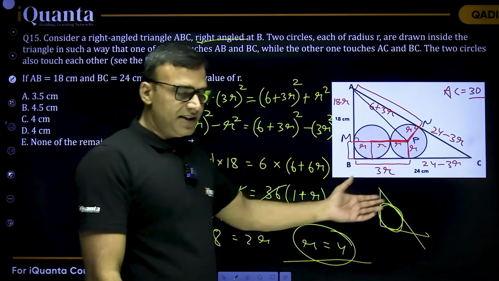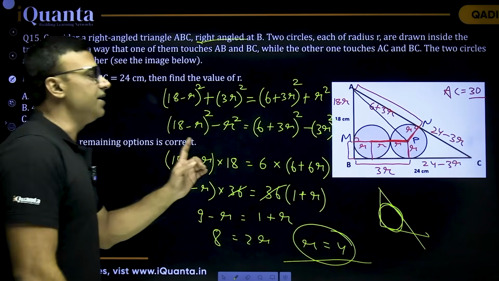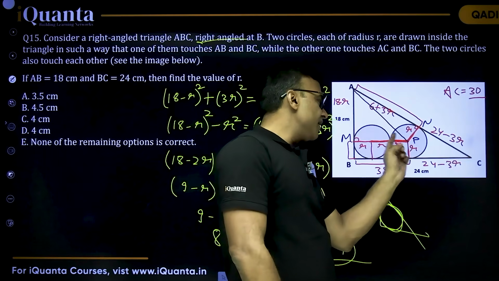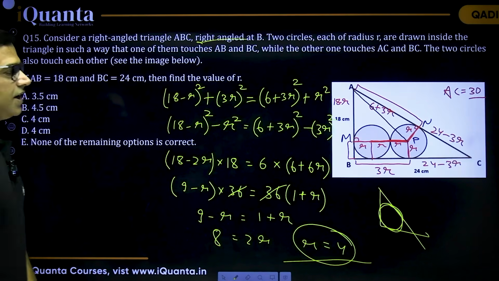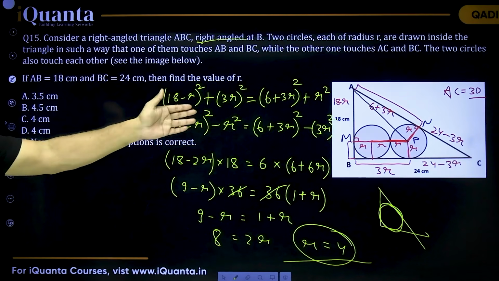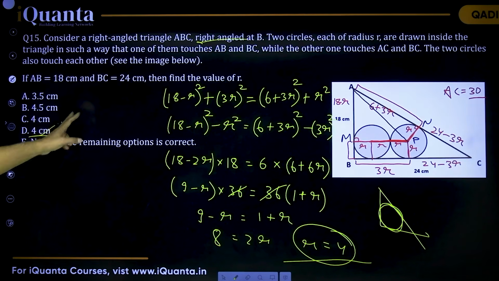That's fantastically easy. But here we had two circles. So we still had to identify something which can be related for both the circles. So this line is relating those two circles, indirectly they are related like that. So option D, 4 centimeter is the radius value. That is the correct answer.